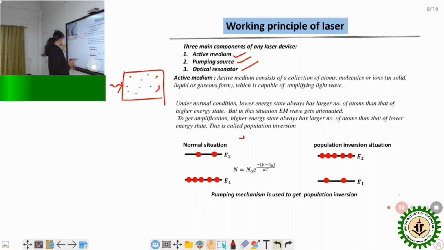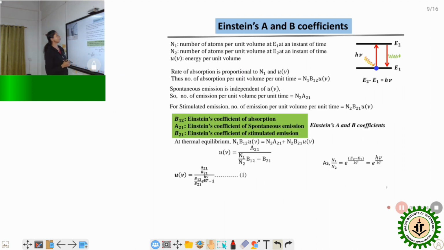To determine that, first we need some calculation, the Einstein A and B coefficients, that will help us determine which is higher, the stimulated emission or the spontaneous emission.